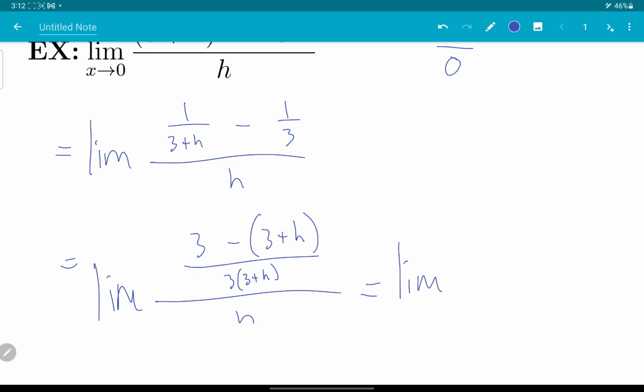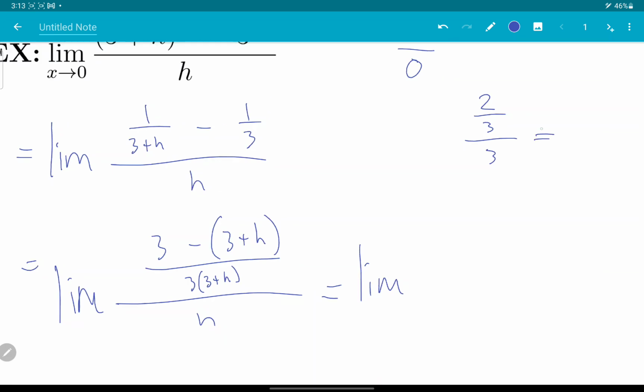Okay, another thing to watch out for is I have two horizontal lines here representing division. Be careful that this one is the bigger one. Okay, you'll notice that 2 over 3 divided by 3 is not the same thing as 2 over 3 over 3.